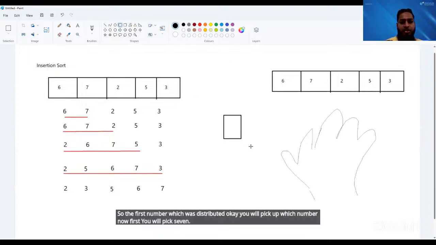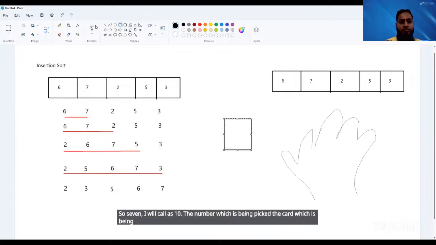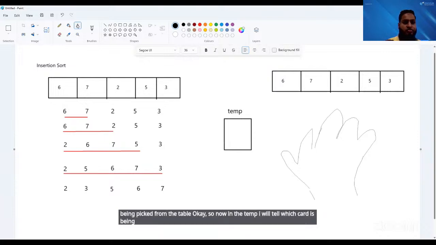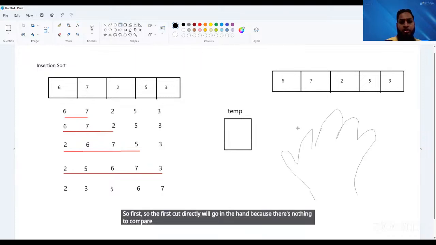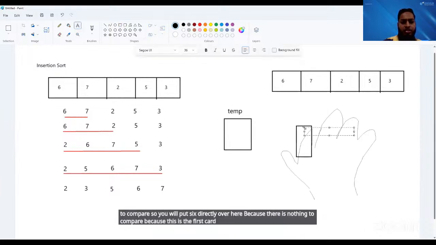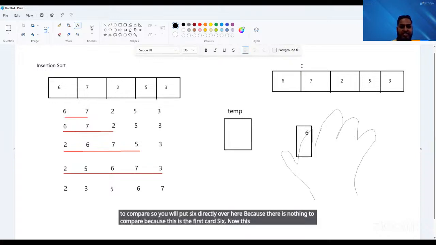So 7 I will call temp, the card which is being picked from the table. So in the temp, I will note which card is being picked. The first card goes directly into the hand because there's nothing to compare. So he will put 6 directly over here because this is the first card. Now the second card, 7, where should he place it? Towards the right or towards the left?